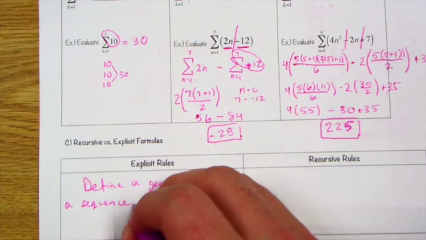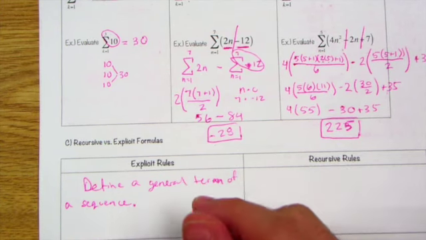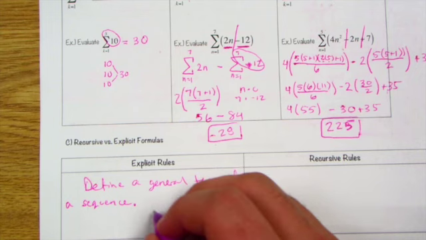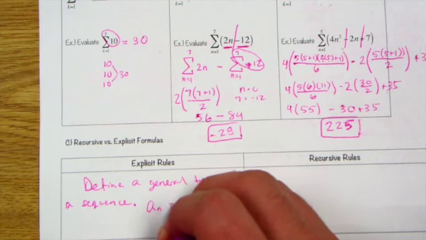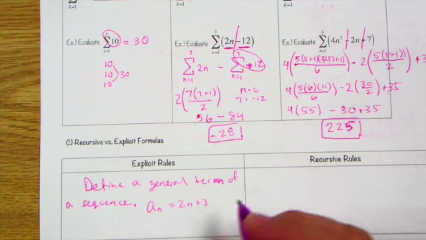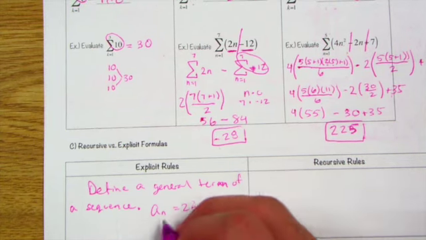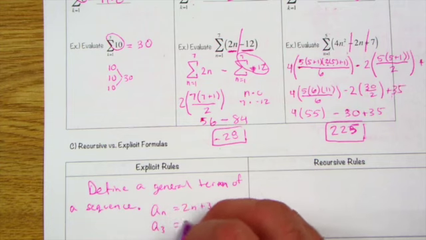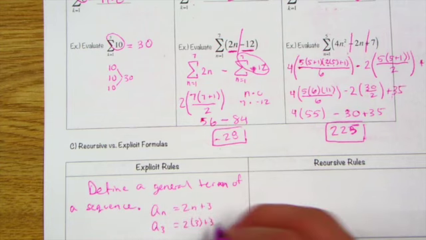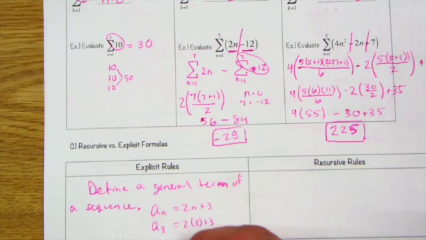So for example, this is what we've seen. Everything we've seen so far has been explicit. So this would be like the a sub n equals 2n plus 3. So if I say I want the third term, then you would say a sub 3 equals 2 times 3 plus 3. So the third term, or a sub 3, is, let's see, 2 times 3, 6 plus 3 is 9.